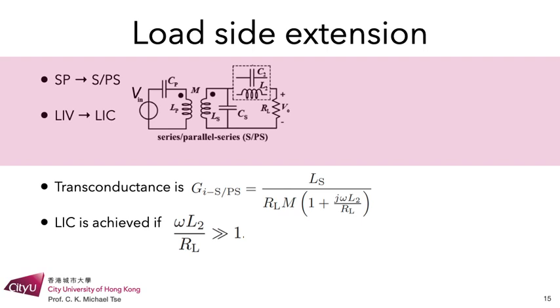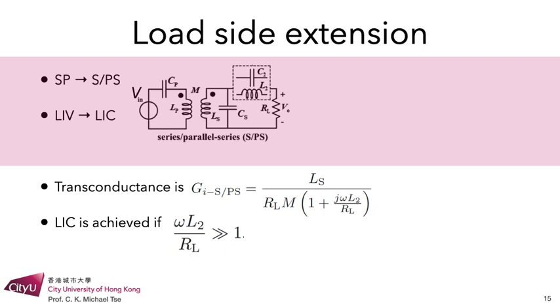So load side extension could also be applied to generate an LIC circuit from an LIV circuit, similar to what we provided earlier. This is again a second order to third order extension by extending the load side, and fundamentally we are exchanging the LIV condition with the LIC condition.